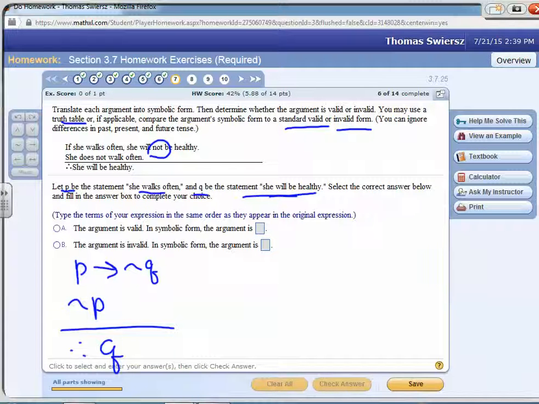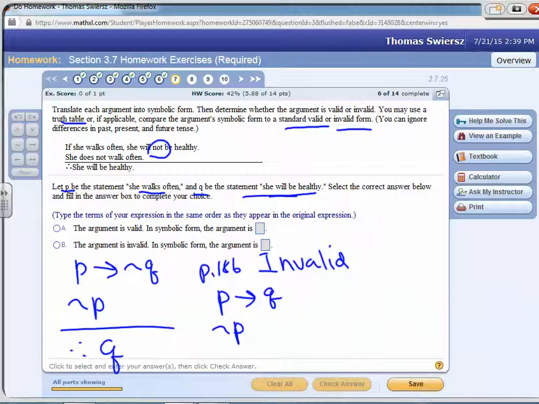Now, what you have is, on page 186 of the textbook, one of the invalid forms is misuse of the inverse. It says if you've got if P, then Q, okay, and you're given the negation of P, the antecedent.